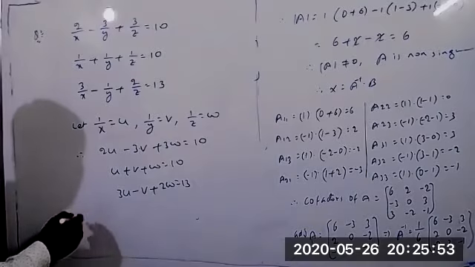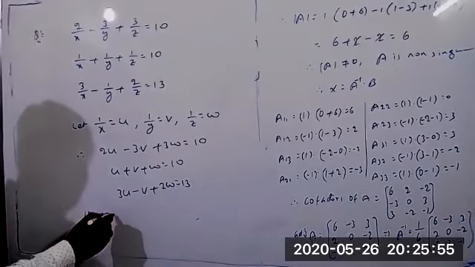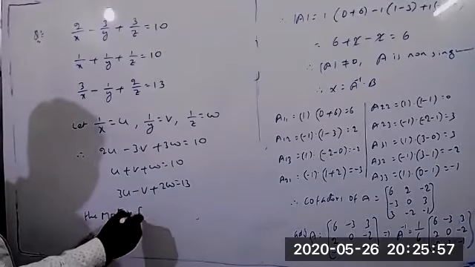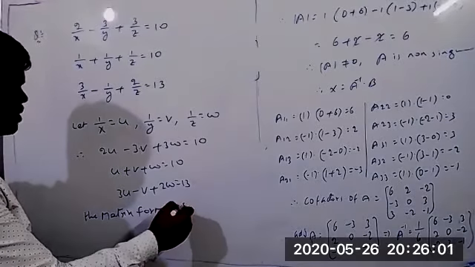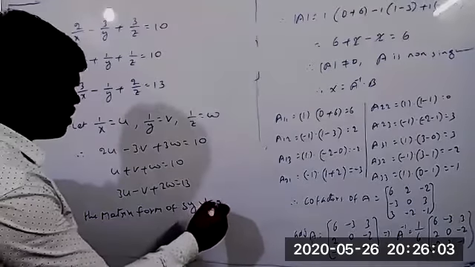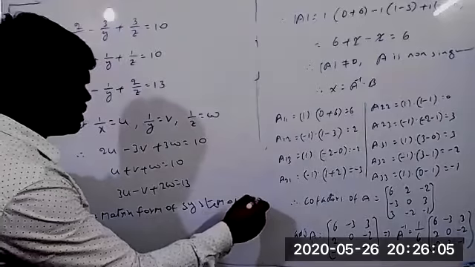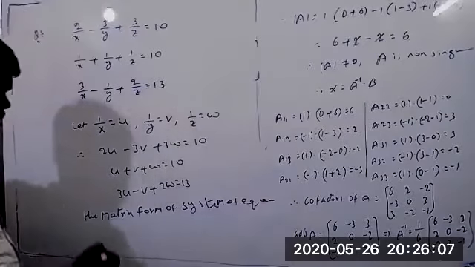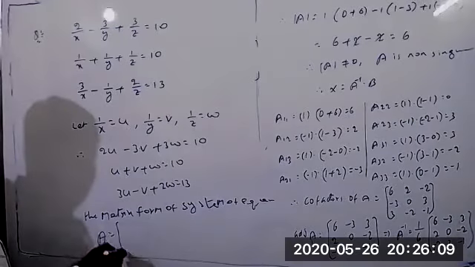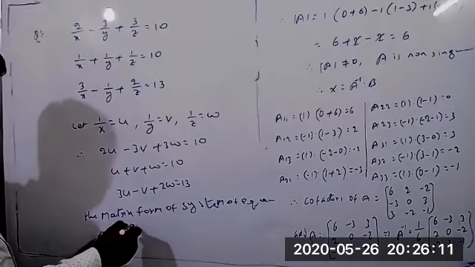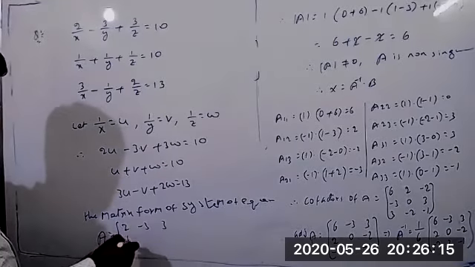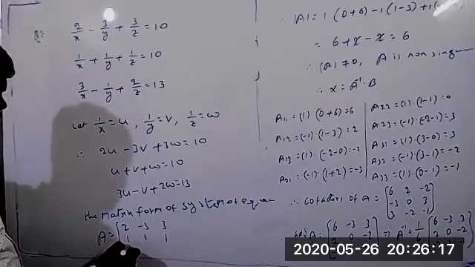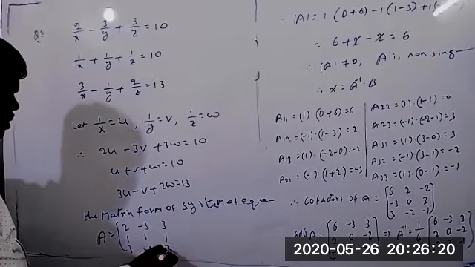Therefore, I can now write the matrix form of the system of equations. Tell me the value of the matrix A. How much did we get? 2, minus 3, 3, then 1, 1, 1, then 3, minus 1, 2.